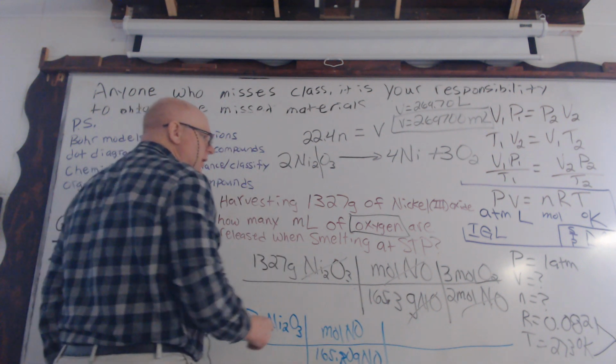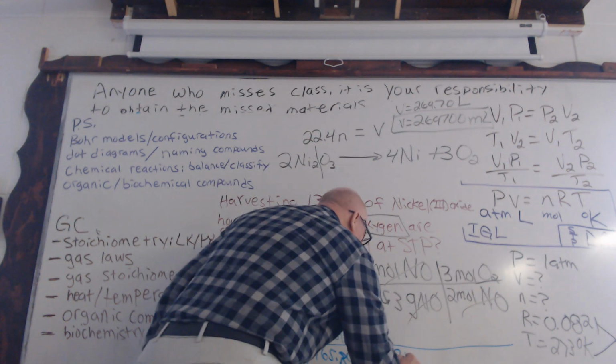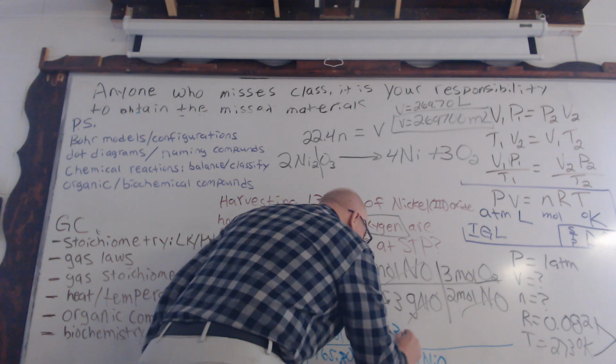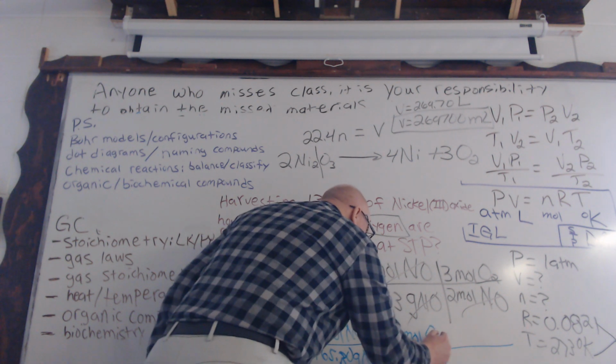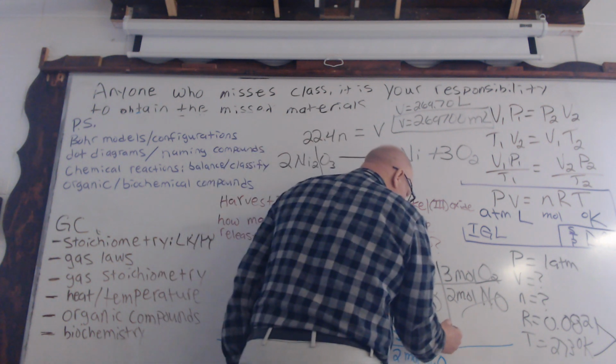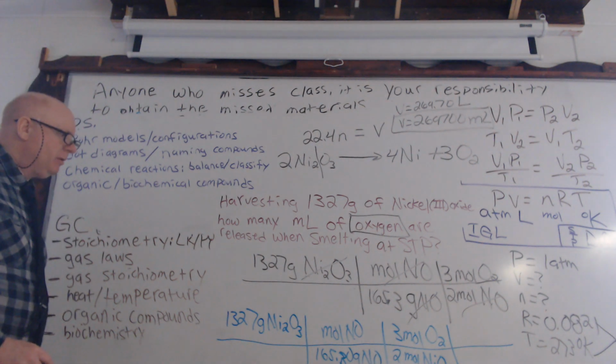Okay, then just like what we did here, for every 2 moles of nickel oxide, you get 3 moles of oxygen.